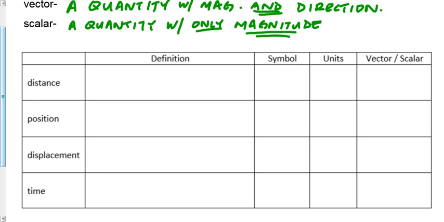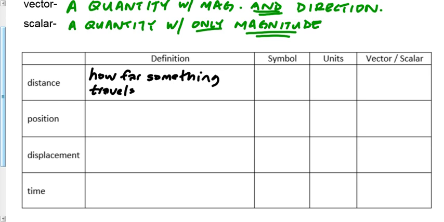We're going to define distance quite simply as how far something has traveled, or how far something travels. That's it, right? That's a pretty intuitive definition, right?